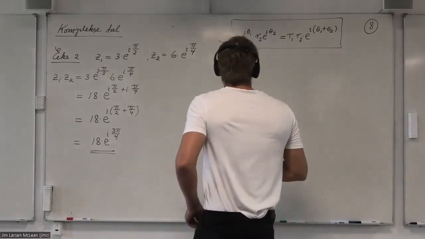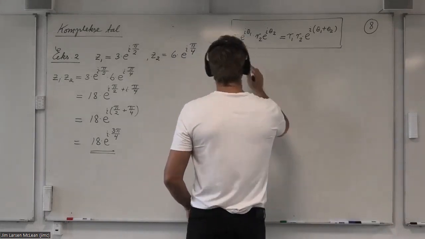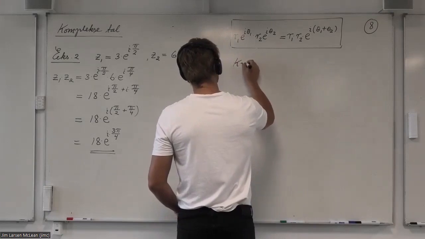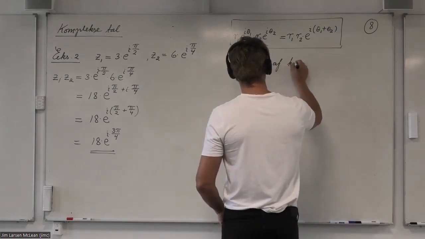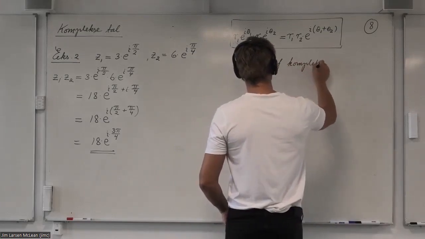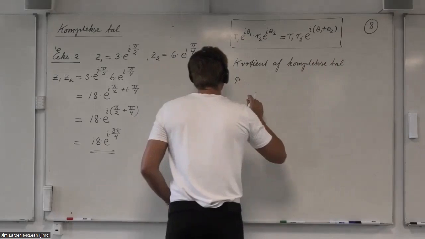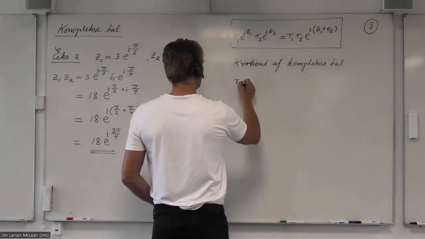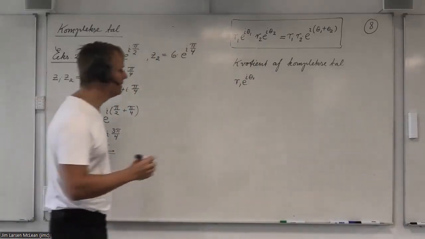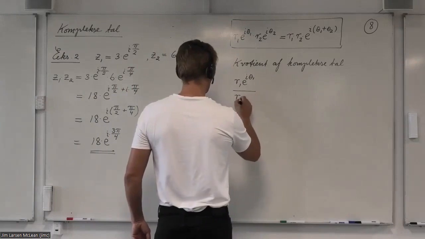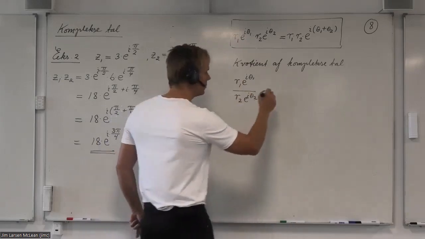And likewise, if one wishes to look at two complex numbers divided by each other, so the quotient of complex numbers. Here is a complex number, r1 times e to the power of i theta 1. And if I divide it by another complex number, r2 times e raised to i times theta 2, I must say r1 over r2.